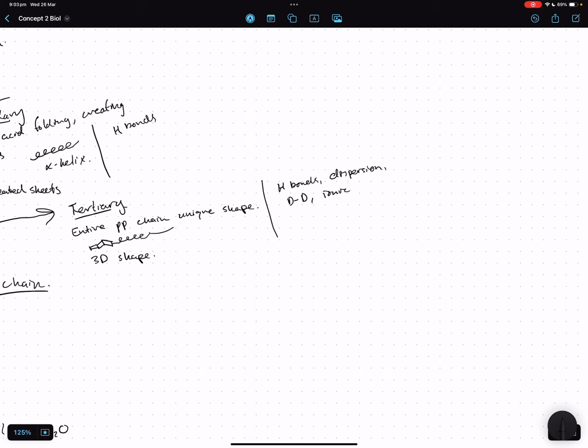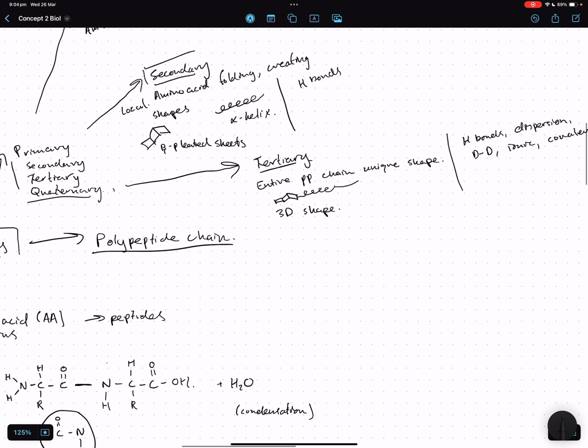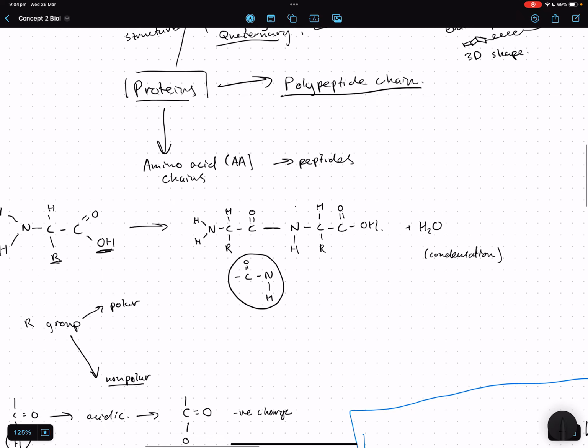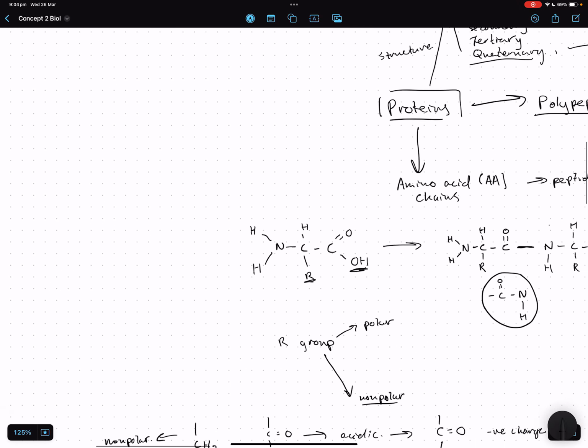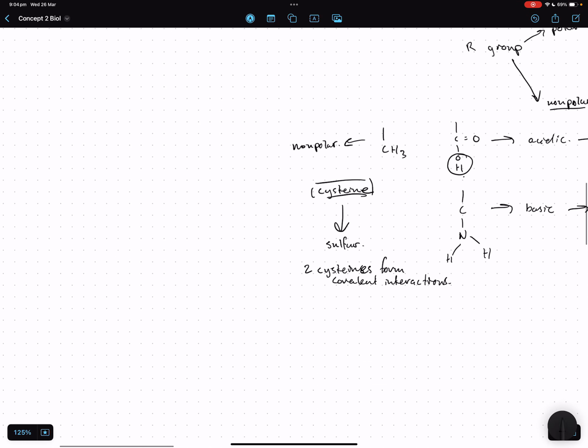And also there's that covalent, the sulfur. So the cysteines, I think the R group looks something like this.